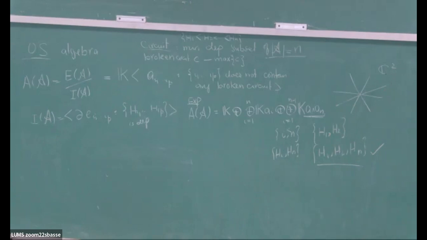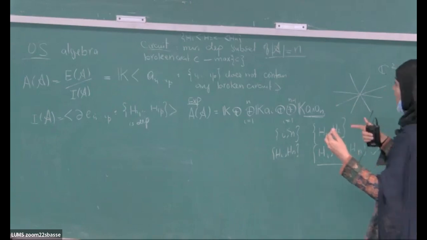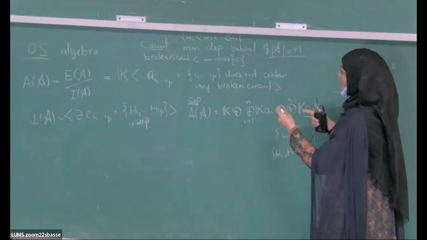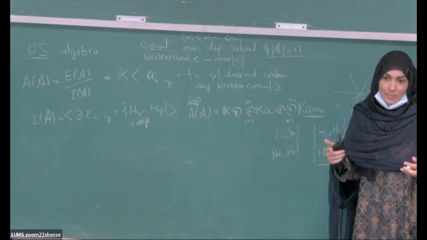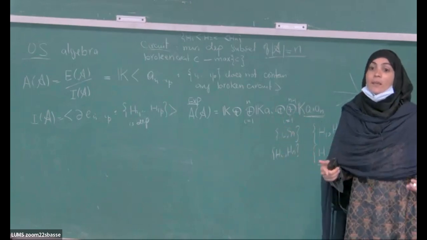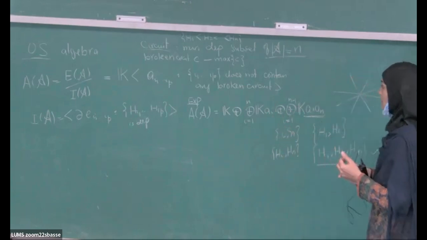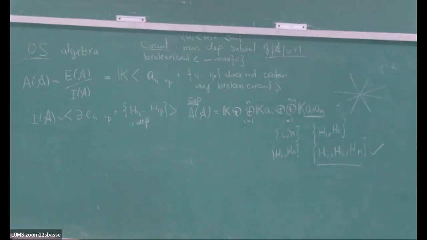This basis is usually called the non-broken circuit basis, because these basis elements do not contain any broken circuit, right? And of course, because this gives you the cohomology algebra, it is very useful for counting and so on and so forth.